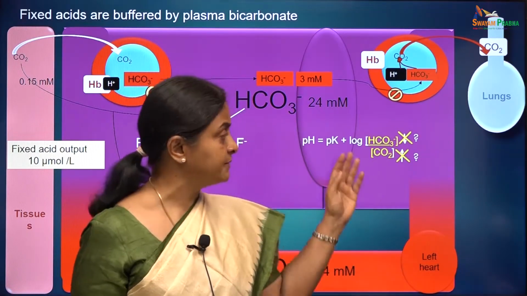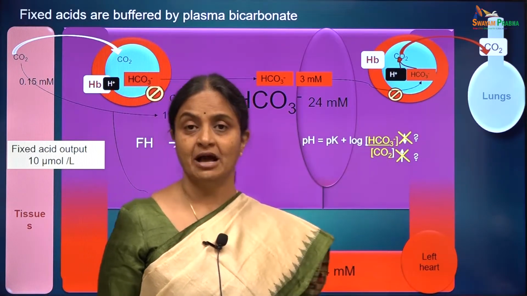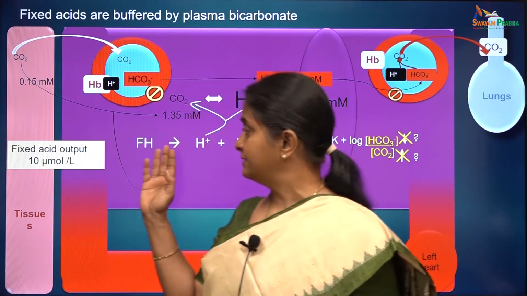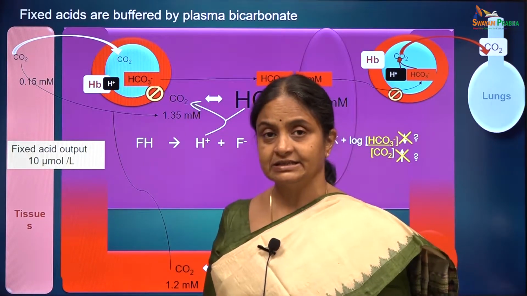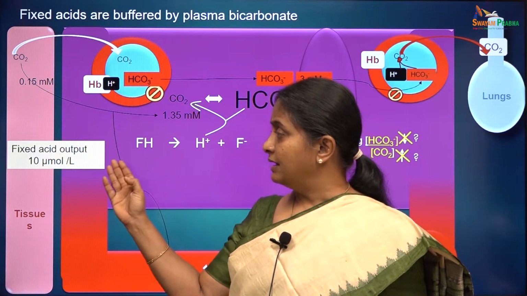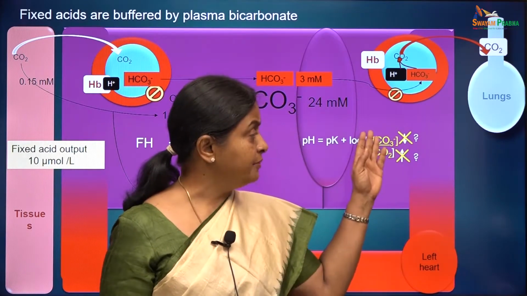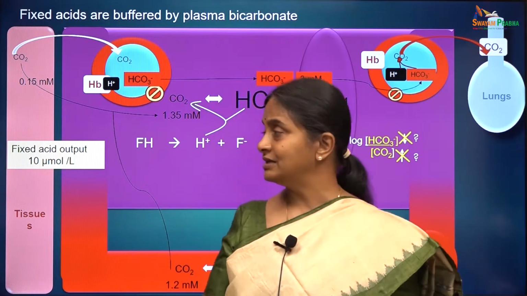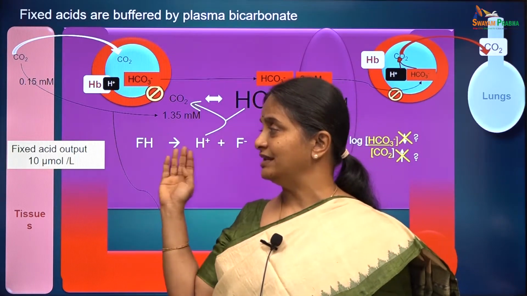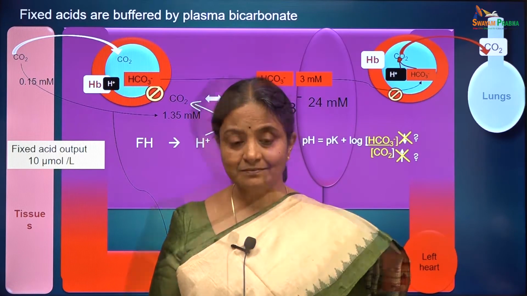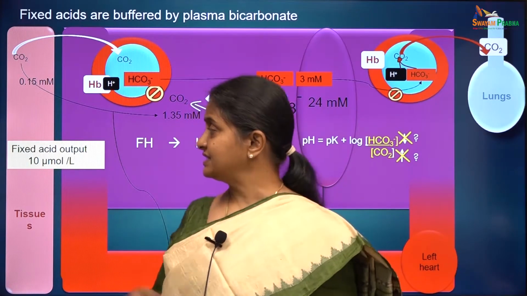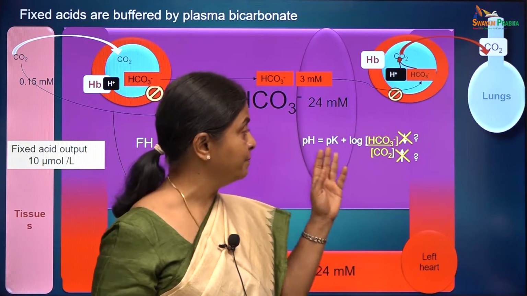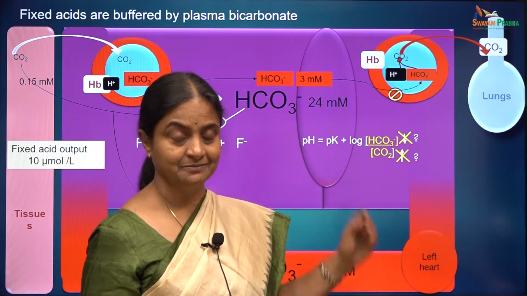In this case, the role of bicarbonate is to buffer the fixed acids, and the bicarbonate concentration in plasma is more than 1000 times the fixed acids that would enter blood. We can now say that fixed acids are buffered by bicarbonate in plasma.